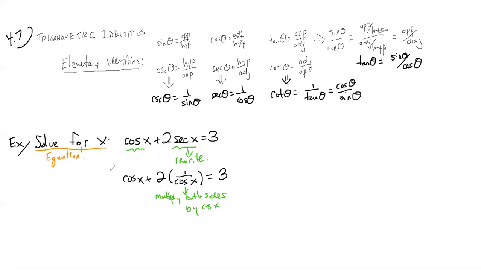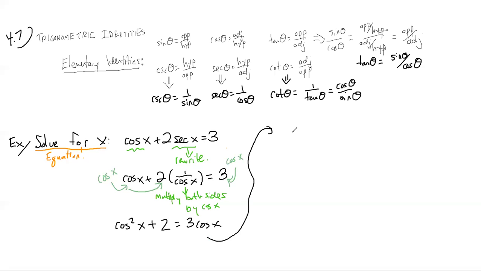So remember, it's got to get distributed to both terms on the left and the right. So on the left, that's going to be cos squared x. And then on the second term, the coses will just cancel, so I'll just have plus 2. And then 3, and that has to get multiplied by cos x. And so I'll just bring it all to one side, so it kind of looks like a polynomial.